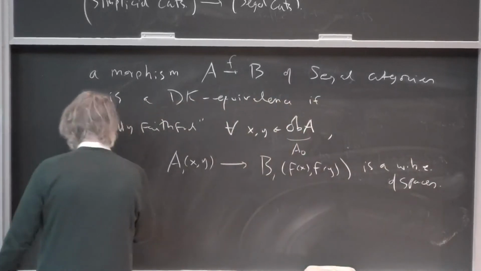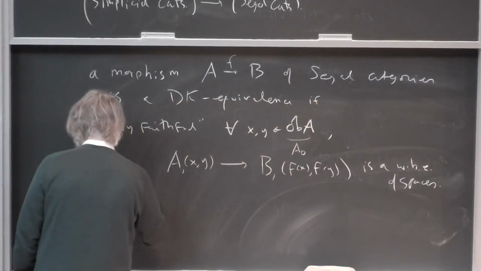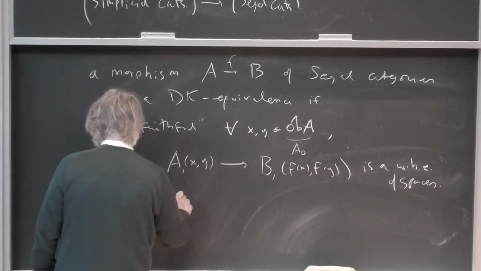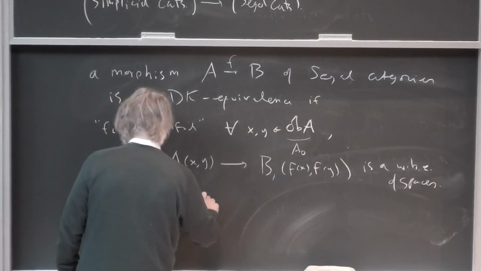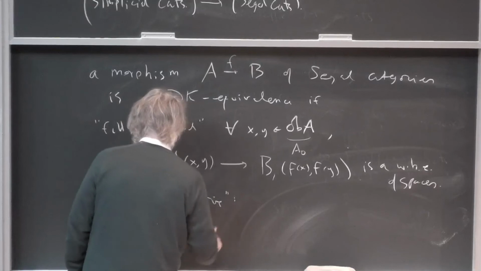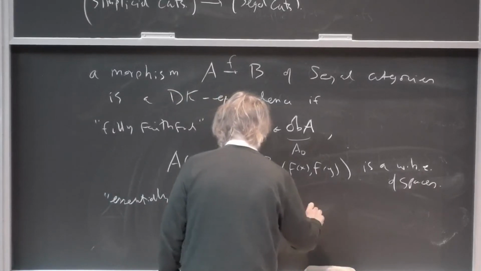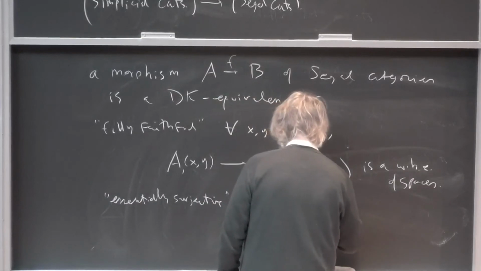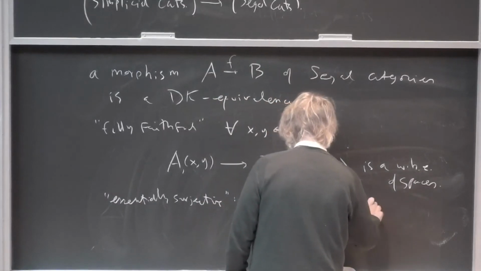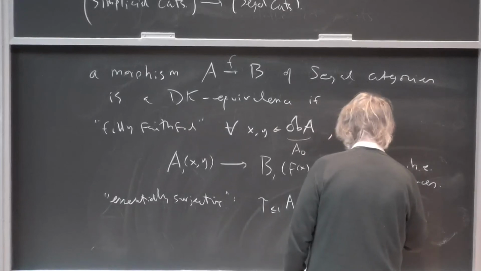And what does essentially surjective mean? It just says that the functor from tau less than or equal to 1 of A into tau less than or equal to 1 of B is essentially surjective.